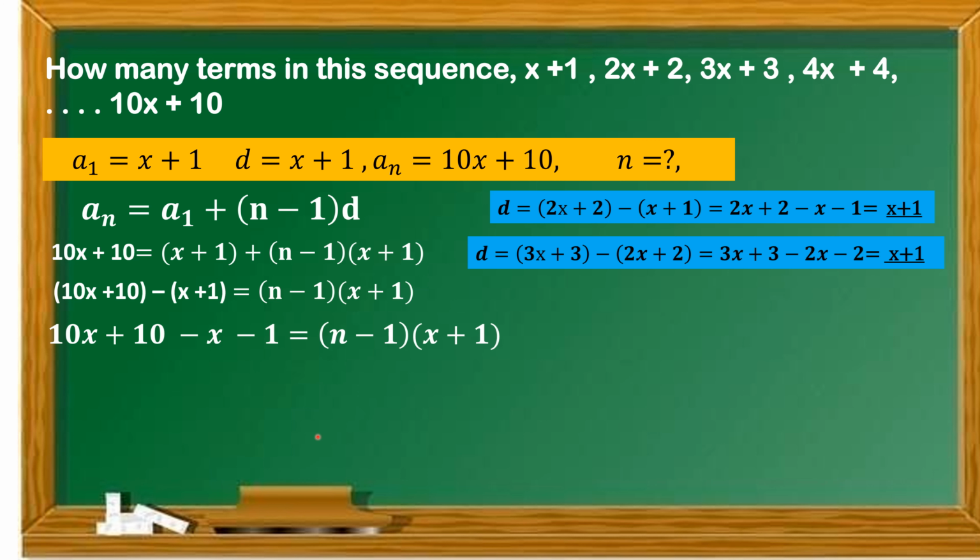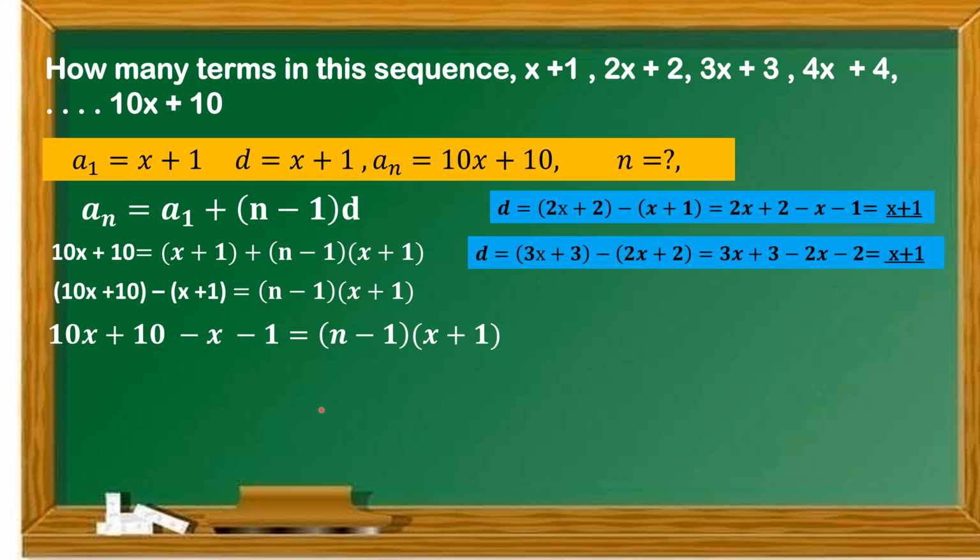The next step is we will be removing the parentheses by distributing the negative 1. Negative times x will be negative x, and negative times positive 1, we have a negative 1. And the remaining term on the right side is n minus 1 times x plus 1.